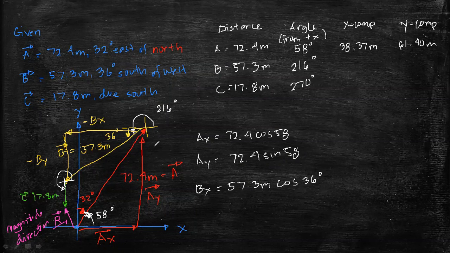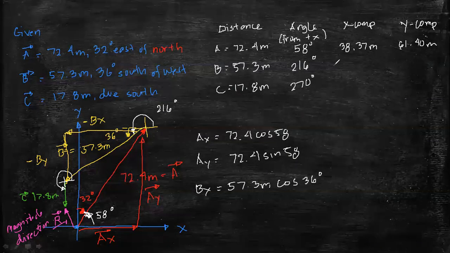But take note, as we can see in the illustration, Bx is directed due west, meaning it must be negative. So we have here the clue. It is negative.